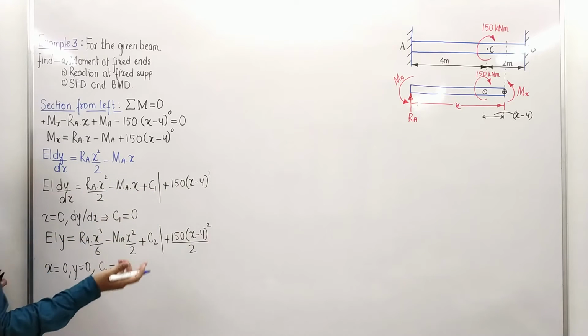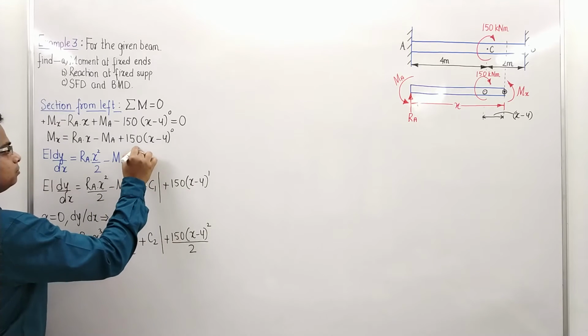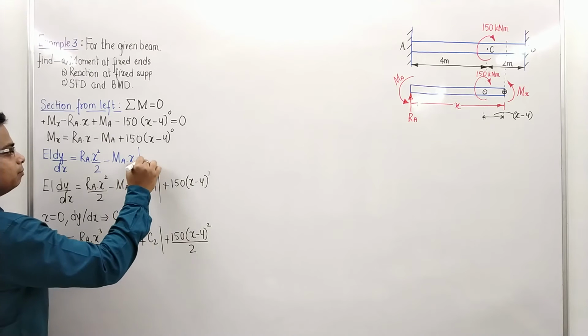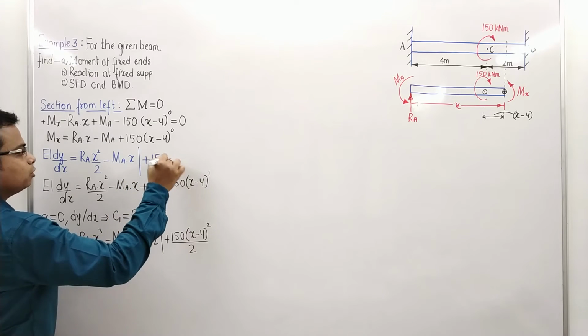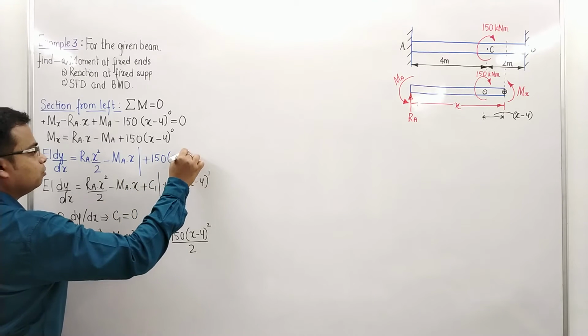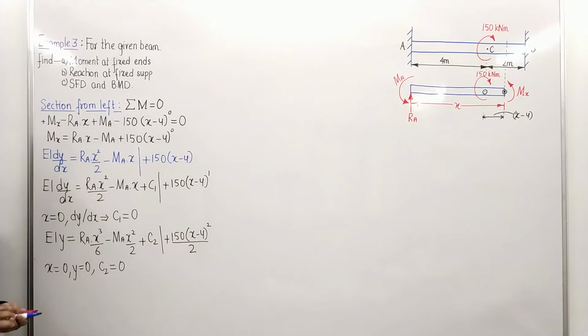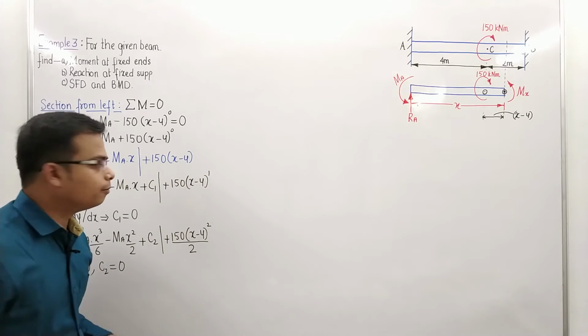C1 is equal to 0, we know that. Plus 150 times (x minus 4) to the power 1. Nothing written means power 1 by default.